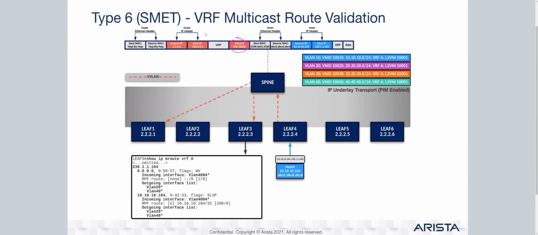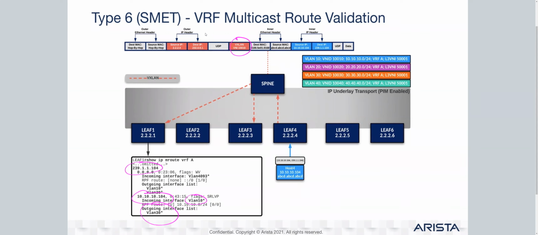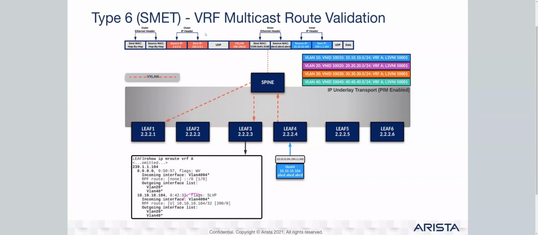So the incoming interface can't be VLAN 10. In this case, it's VLAN 4094, which we know is the SBD. So more on this in a minute, but that was one key difference I wanted to call out. Over here, the bridge domain exists, so we see it as expected as the incoming interface. But on leaf 3, it's different. VLAN 10 does not exist, so the SBD is shown as the incoming interface.